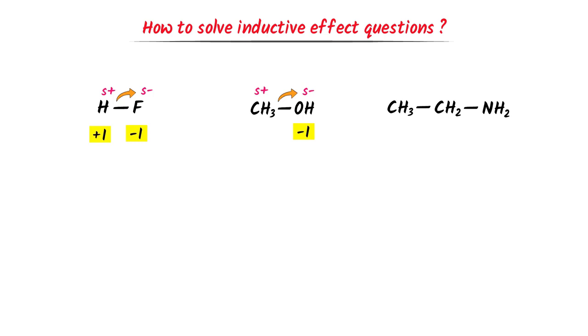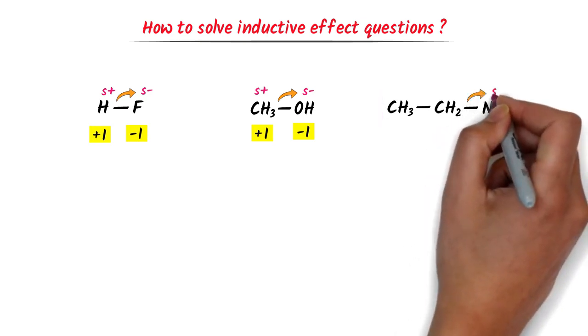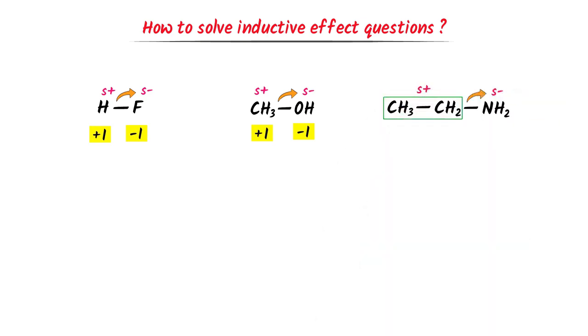On the other hand, this is a positive I group. In this case, NH2 is a functional group, so it has more inductive effect or it is a negative I group, while this is a positive I group. So note down these questions.